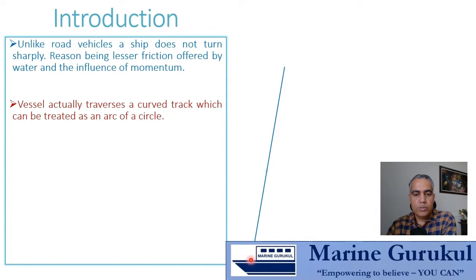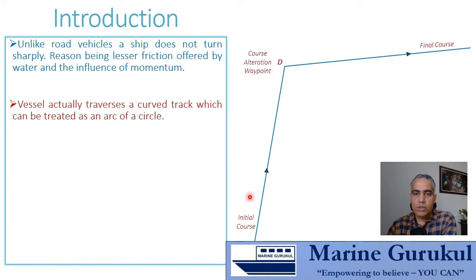Let us assume that this is the initial course of the ship. You can follow the laser pointer. At this particular point, we have a course alteration. This is point delta. So at this particular point, the vessel has to alter its course, and this is our final course.